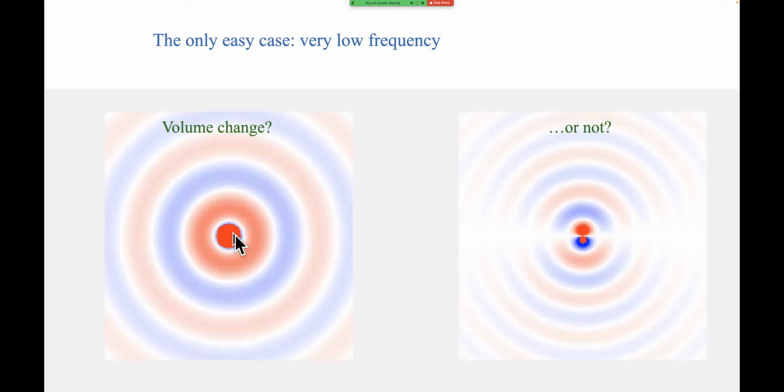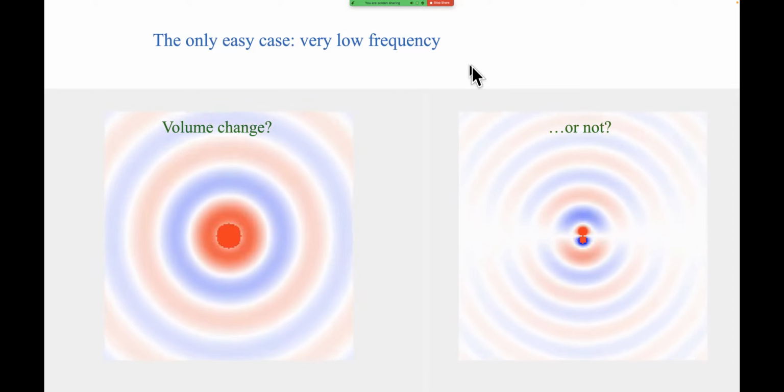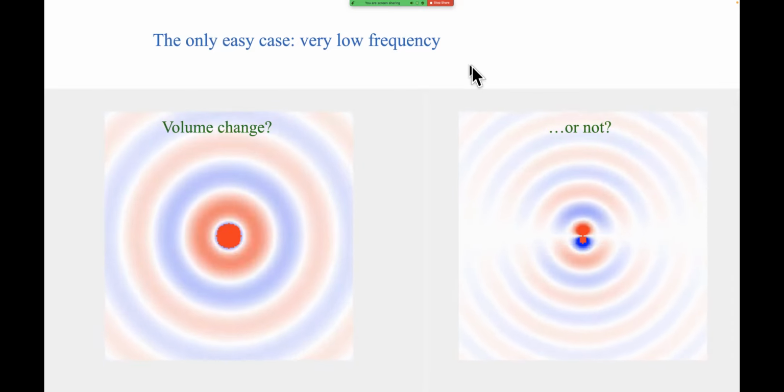So if there is volume change, you get this monopole radiation, which is relatively efficient. If the volume is not changing, then various things could happen, but usually you get one of these dipole fields, because we've just seen that's the field that you get from vibrating an object from side to side with no change in volume.